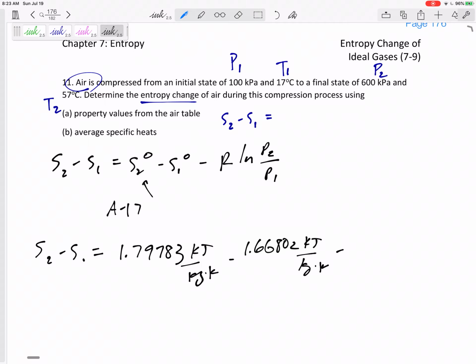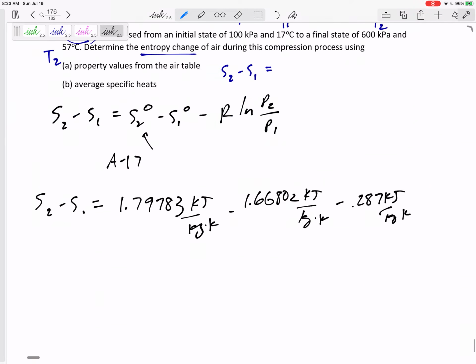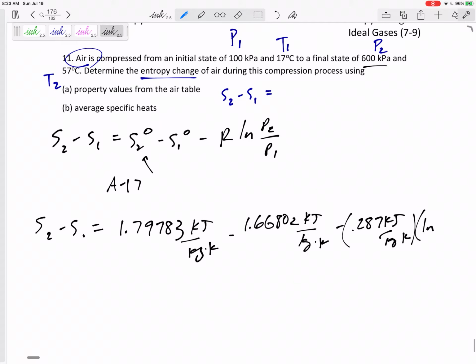And the R for air, table A1, is 0.287 kilojoule per kilogram K, times ln P2 over P1, 600 over 100, so ln of 6. This is unitless because it's P2 over P1.